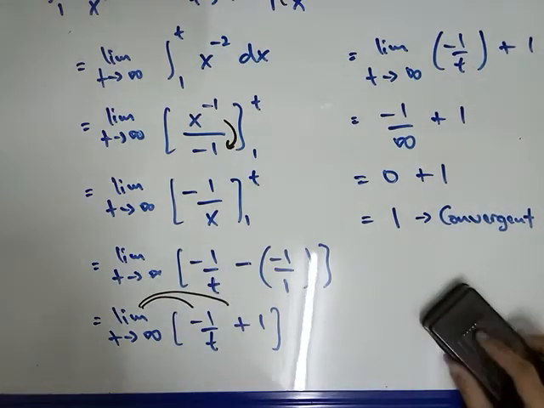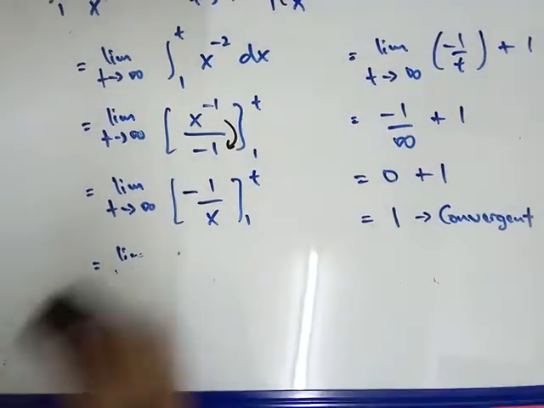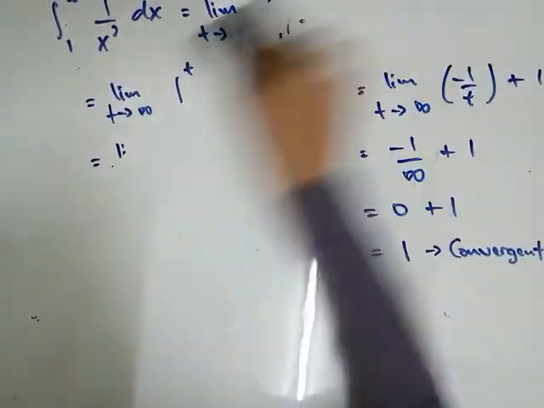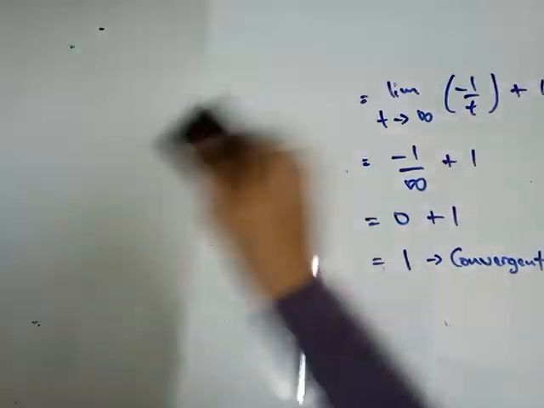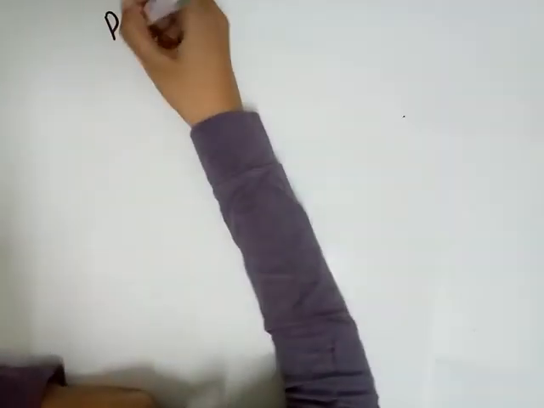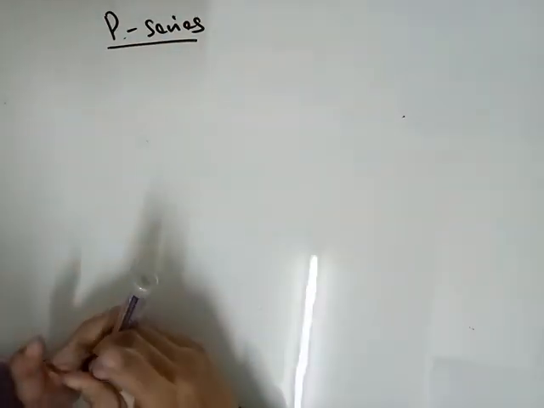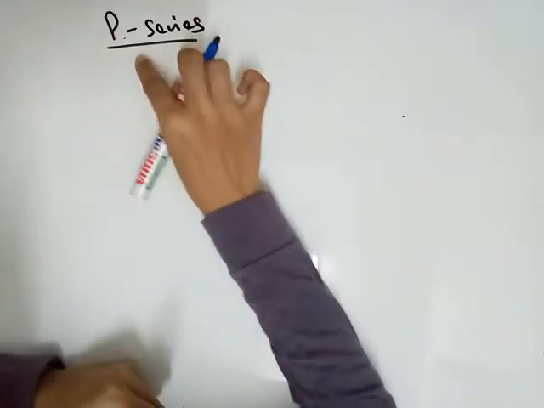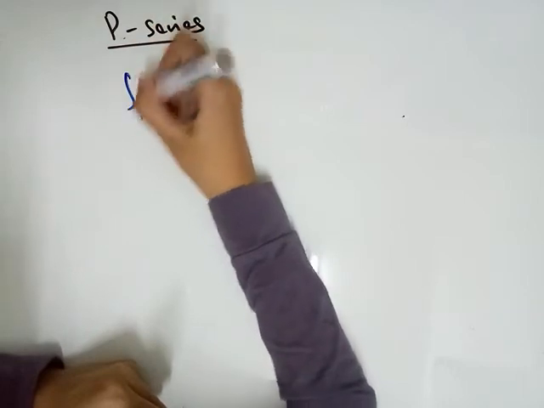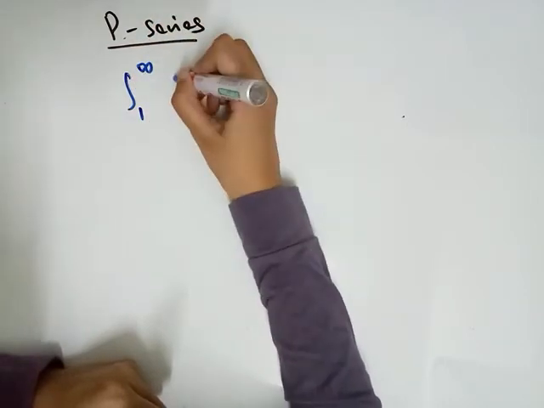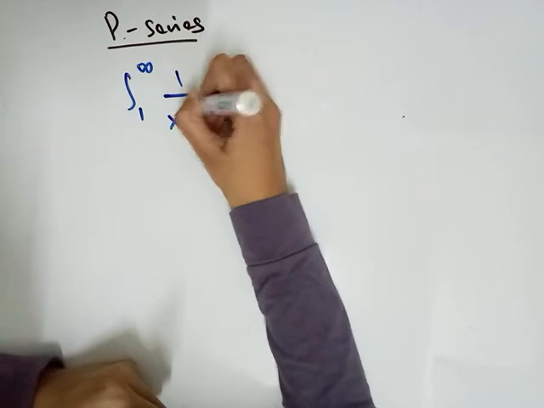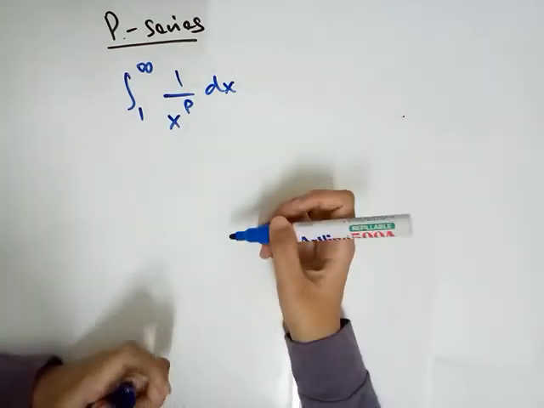Okay, so let me explain about the P series. The general form of the P series is the integral from 1 to infinity of 1 over x to the power P dx.